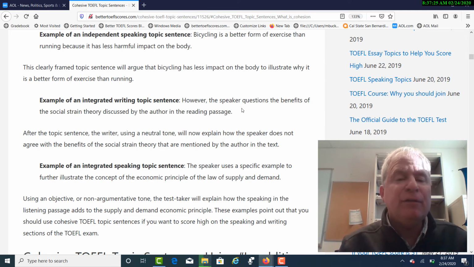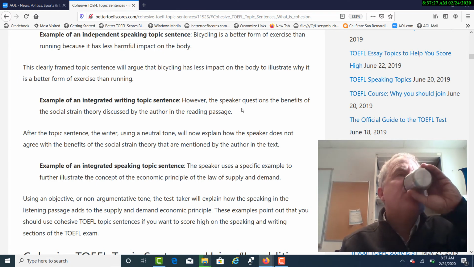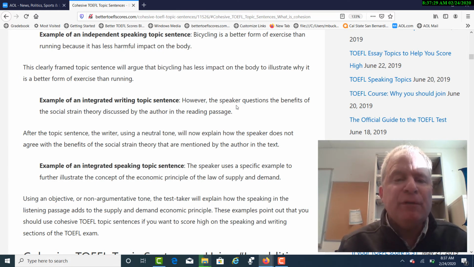the writer is not taking a position. The writer is simply stating how the speaker has an opposite idea that is discussed by the author in the reading passage. And this is more of a neutral tone.